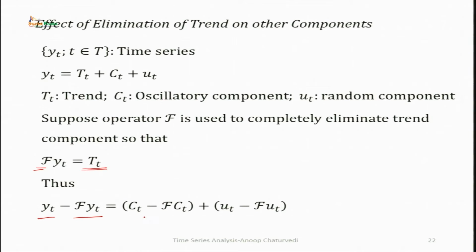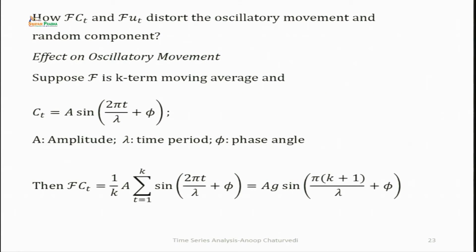So, naturally it is going to affect the cyclical variations and irregular variations also. So, the problem is how f C t and f U t are going to distort the oscillatory movement and random component. Now, first we consider the effect on the oscillatory movement.